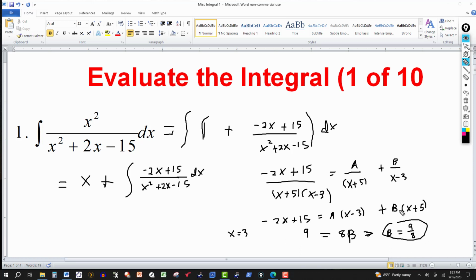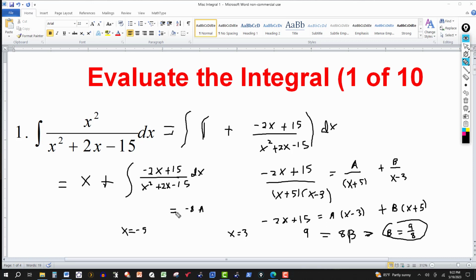So let's cancel the b by letting x equal negative 5. So x equal to negative 5. Notice over here, negative 5 where the x is wipes out the b. Negative 5 and the negative 3 is a negative 8. So the coefficient of a would be negative 8.